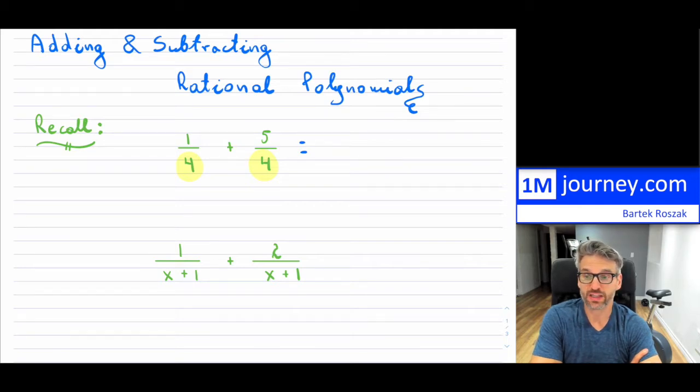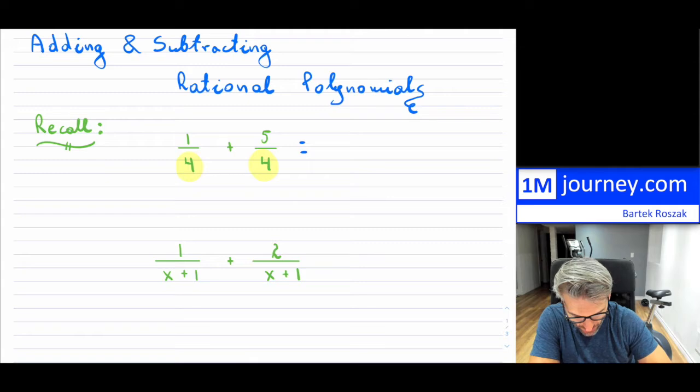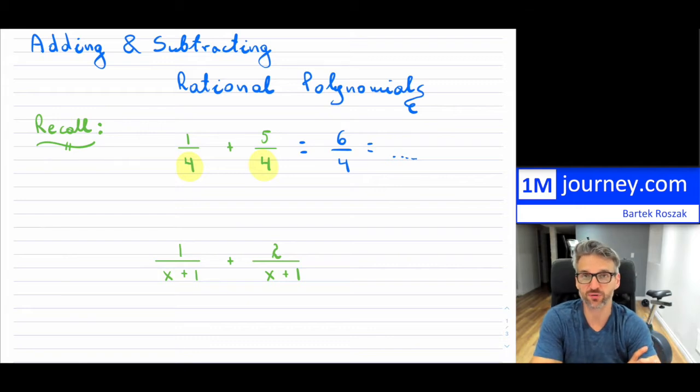So if you do have a common denominator already, ideally the lowest common denominator you can find, then it's not really a big deal, because all you do is add the numerators, right? So our answer would have been just 6 divided by 4, and then we can reduce this if we like, 3 over 2, or put it as a mixed number.